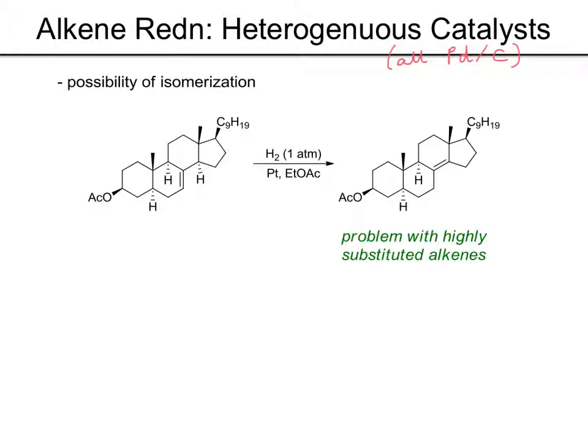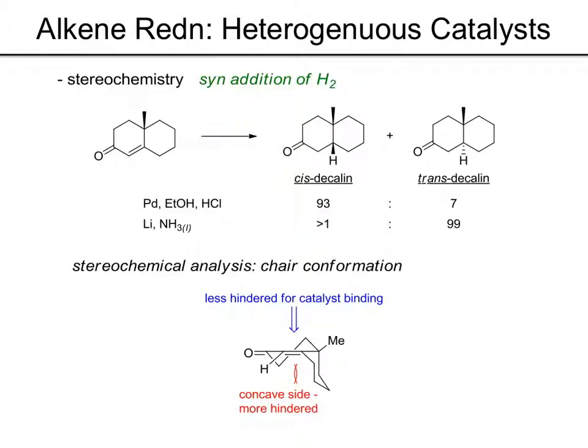However, at this point, we have lost the stereochemistry at this stereocenter. In hydrogenation, we have syn addition of hydrogen. That is, both hydrogen atoms are delivered from the same side of the alkene. If we look at this example, we can see that both hydrogen atoms can be delivered from the top, or both hydrogen atoms can be delivered from the bottom.